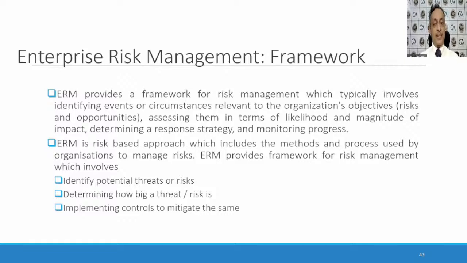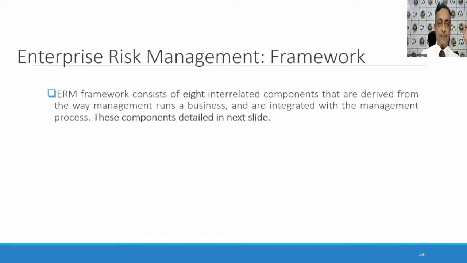ERM is a risk-based approach which includes methods and processes of the organization. It includes identification of threats and risks, determination of the size of it, implementing controls to mitigate it. So all are part of this framework. So when you say framework, it includes identifying events, the threats, the controls to be put in place.